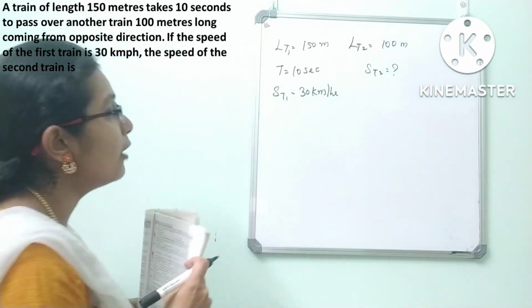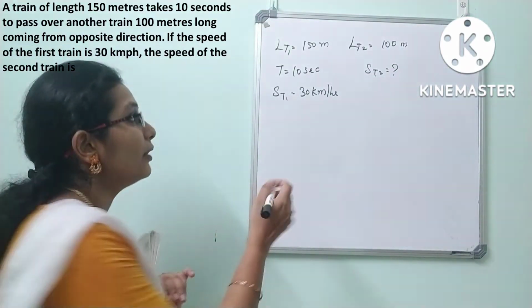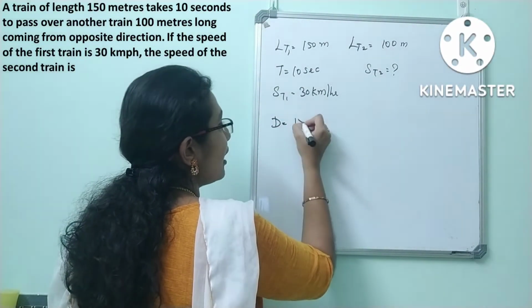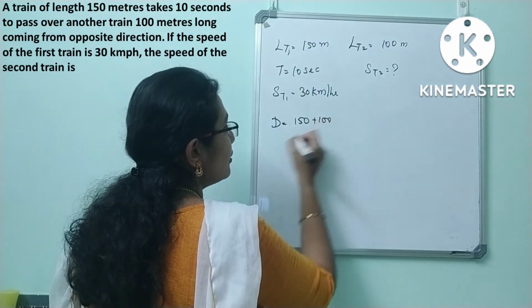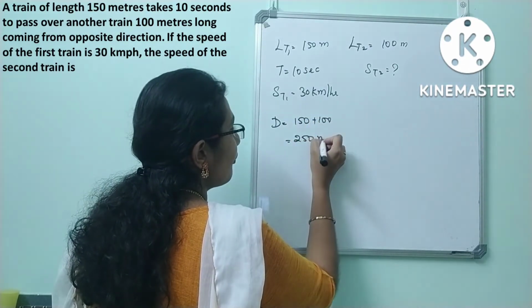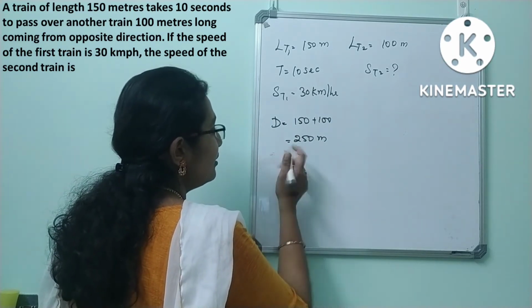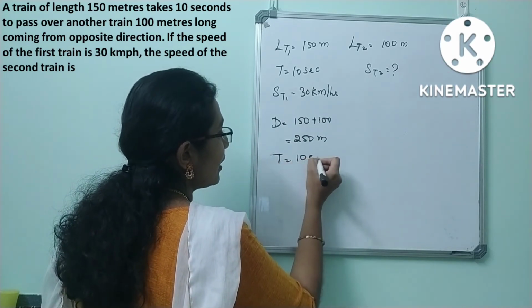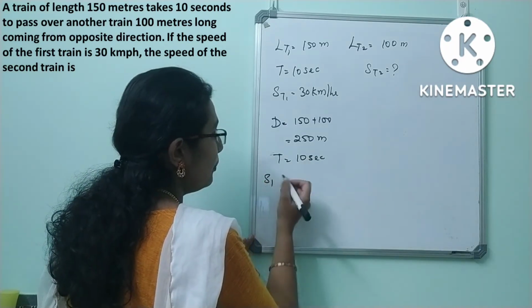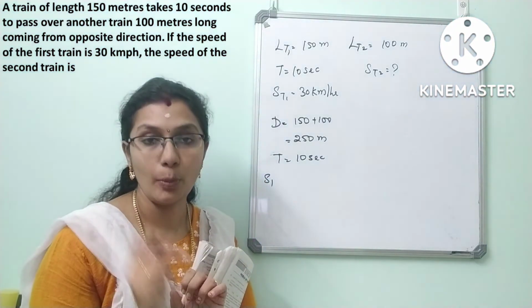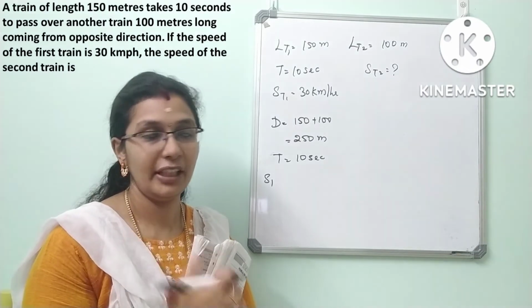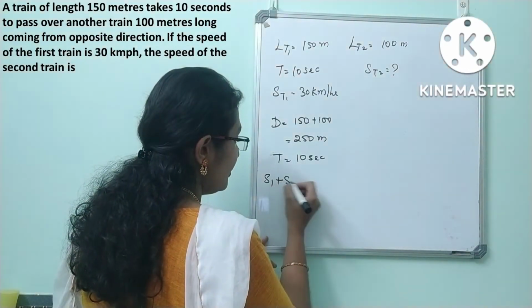So now from the given data, the total distance is 150 plus 100, correct? Which is 250 meters. And the time is 10 seconds, okay? And for speed, we will consider both the speeds since they are moving in opposite direction. So listen to that word very carefully. We will add up their speed, okay?